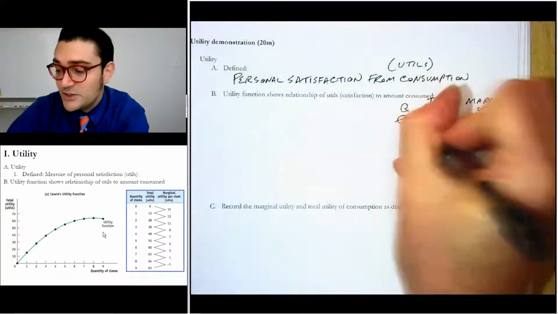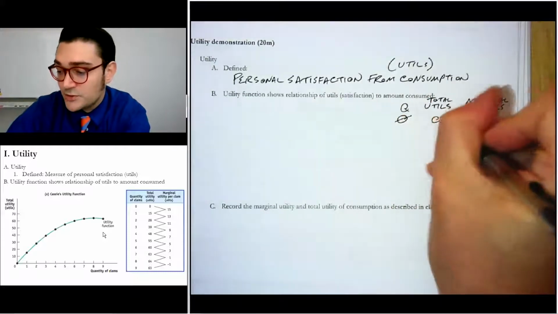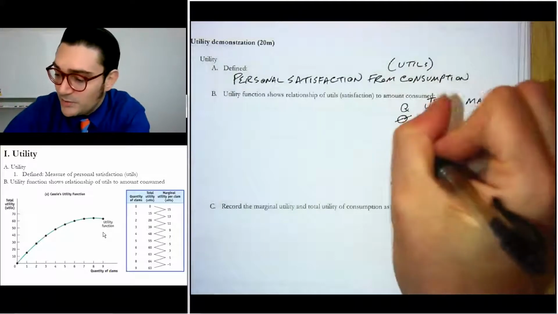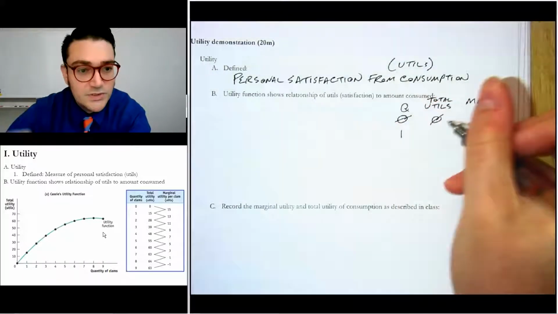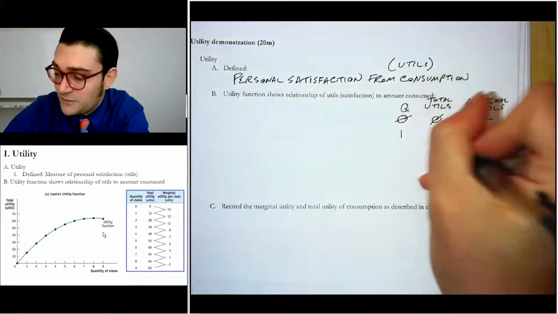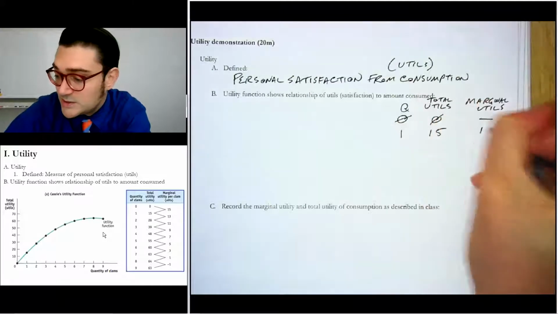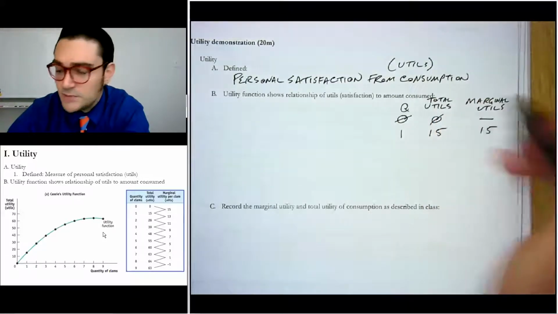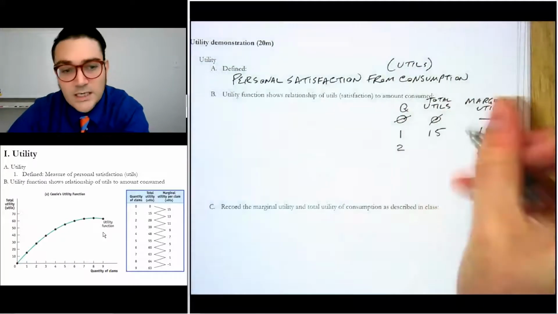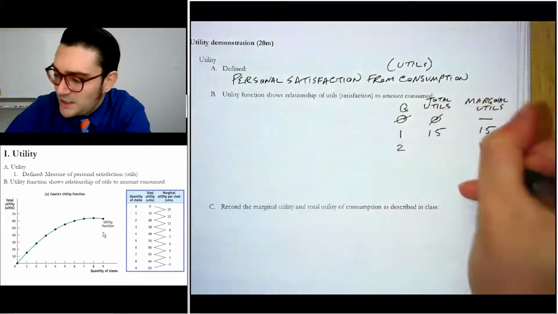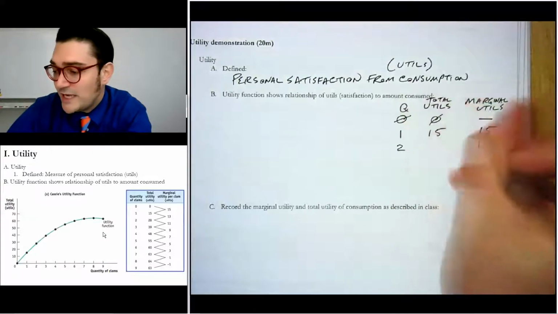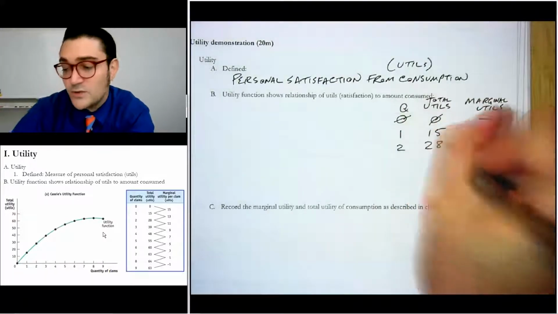Now, if you have 0 donuts, then you have 0 utils, and there isn't really a marginal because there isn't an additional one. But the first donut, let's say, using this table here, gives you 15 utils. The total amount of utils is equal to the marginal because you've only had one. The second one that you eat gives you 13 utils of benefit, and we add that to the ones you already had, so now you have 28 utils.